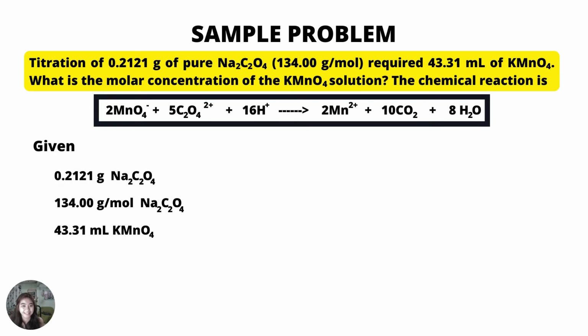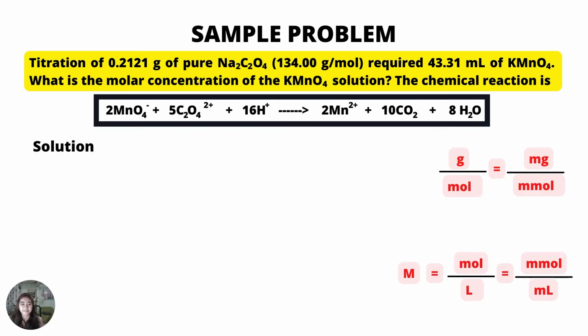So next is we need to write the given. We have here the grams of sodium oxalate, the molar mass of sodium oxalate, and the volume of potassium permanganate. And we need to find the concentration of potassium permanganate.